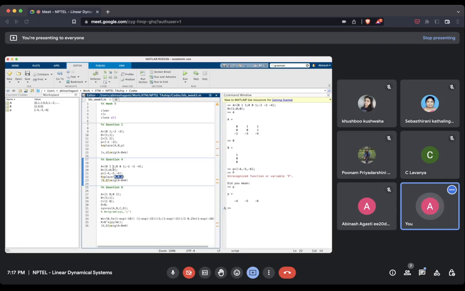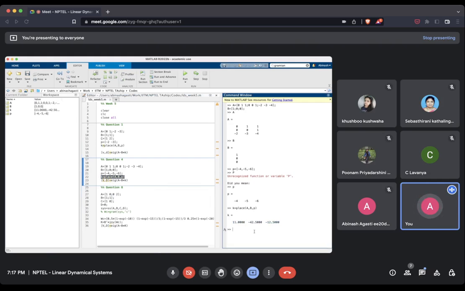First is the A matrix, then the B matrix, and then this desired eigenvalues row vector. That will return me the K matrix. So let us see. Yeah, see, this is also what we obtained. The K matrix is 11, 42.5 and minus 12.5, exactly what we had obtained.